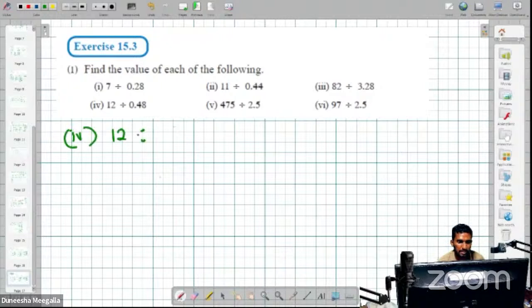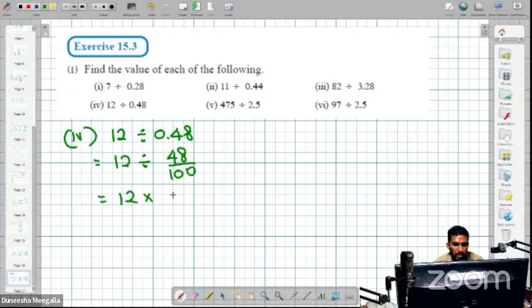12 divided by 0.48. What is the fraction of 0.48? 48 over 100. Yes.